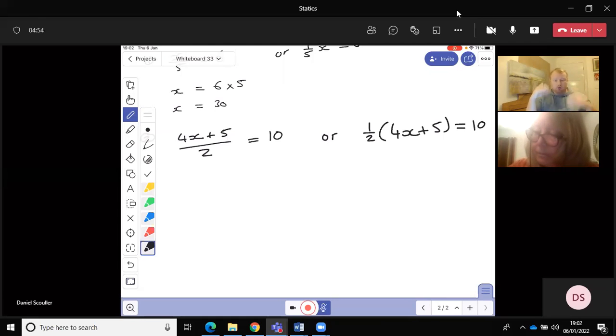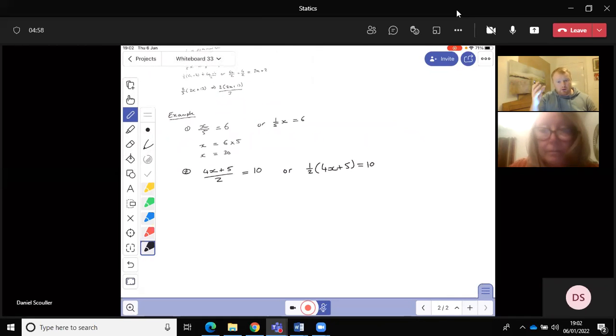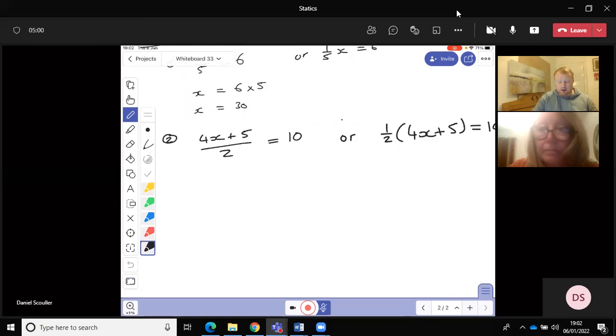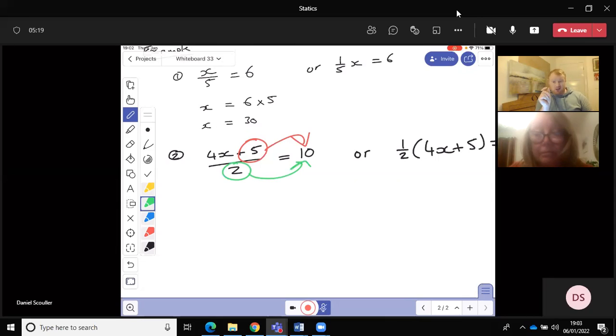I've been harping on about this BODMAS and doing it in reverse. That doesn't mean the first step we would take would be to take that plus 5 across. We need to deal with the division first, because that whole expression on the top line is being divided by 2. We need to deal with that part first and move that across. It's just wee intricate parts that we need to be careful of.